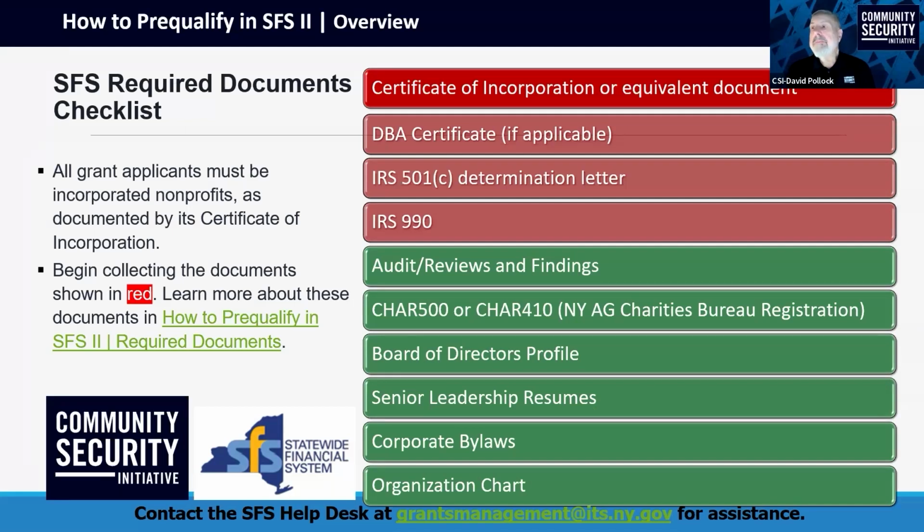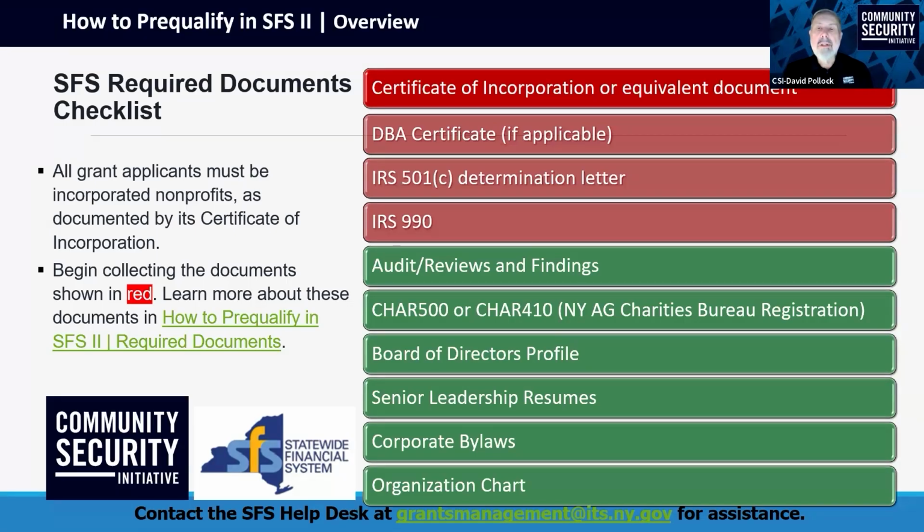Required documents. You're going to need a list of documents. They're here. We're going to go through these documents in detail in the third session. But the most important thing that you can do is you must have your certificate of incorporation.